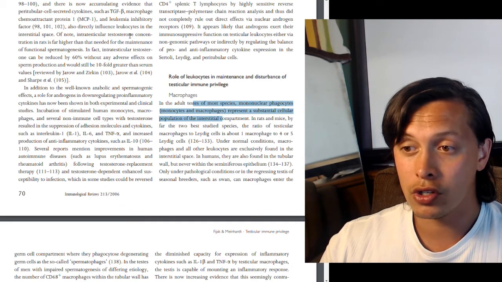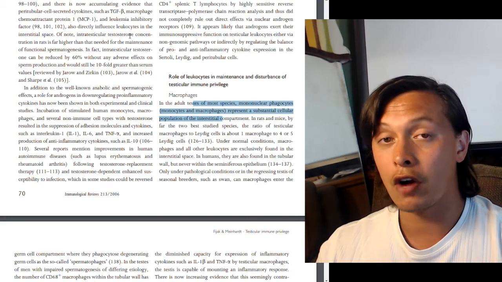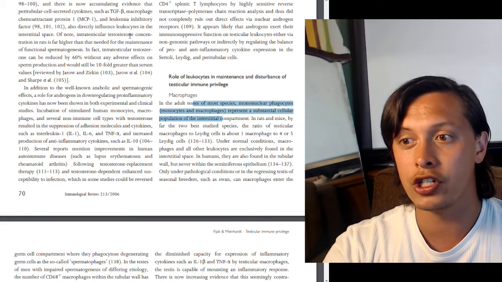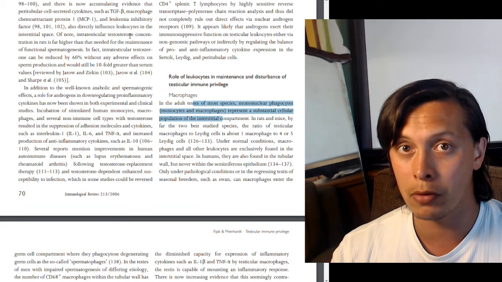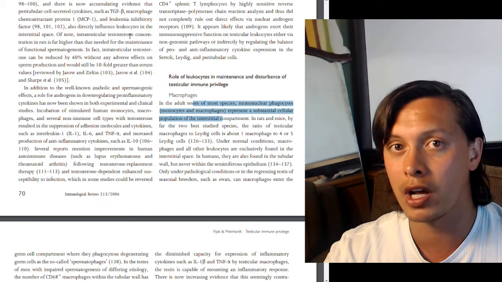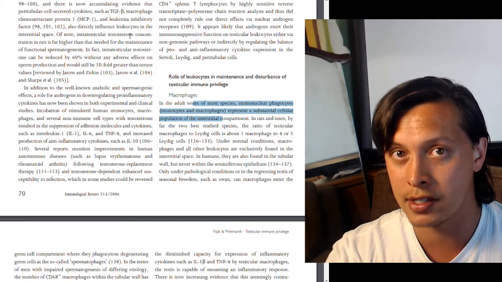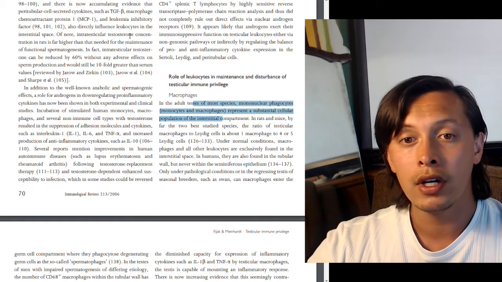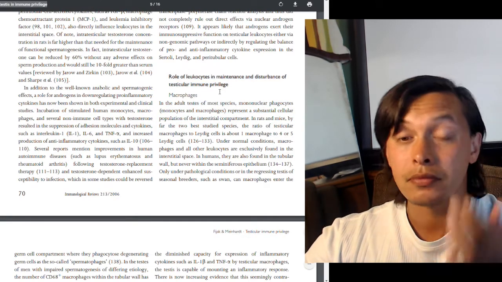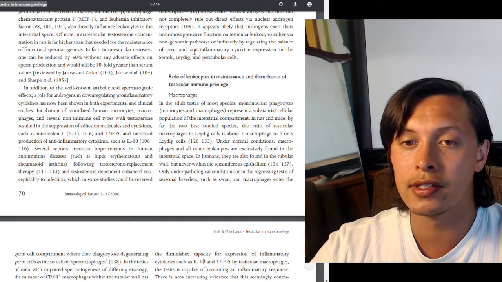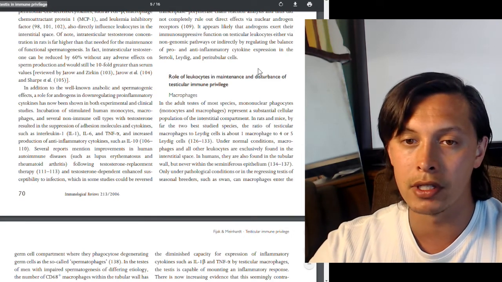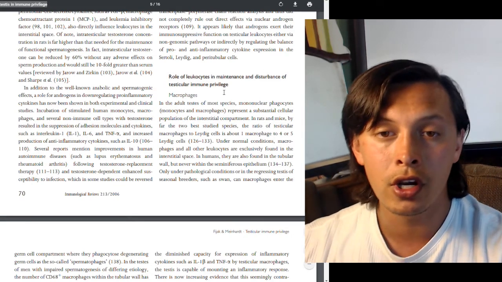So we are going to switch our focus from the actual physiology to the hormonal level, or the immunological level, rather than the testes level. So, let's begin. Role of leukocytes in maintenance and disturbance of testicular immune privilege.